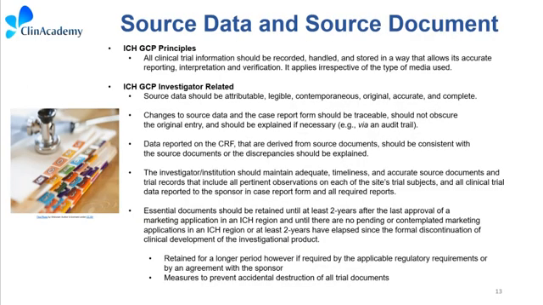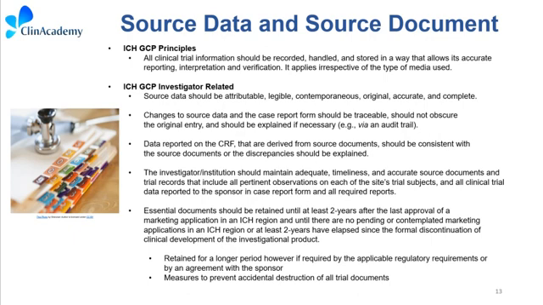Here are some examples of the ICH GCP requirements abstracted from the GCP standards. Source data and source documents can be located in the sections related to the ICH GCP principles, ICH GCP investigator related sections, as well as the ICH GCP sponsor related section.